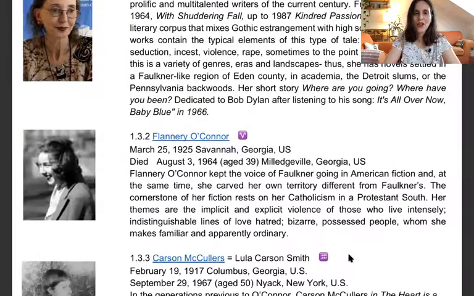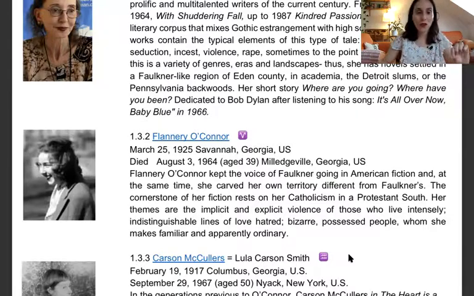Flannery O'Connor, interesting girl. You probably have heard of her, and she died very early when she was only 39 years old. Flannery O'Connor kept the voice of Faulkner going in American fiction, and at the same time she carved her own territory different from Faulkner's.